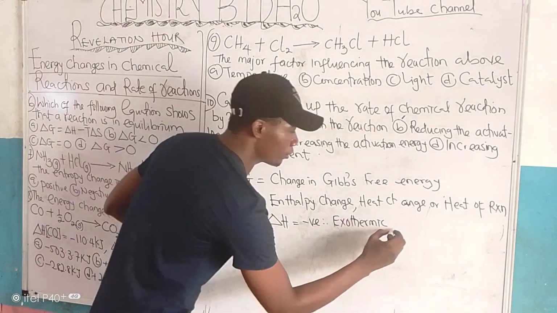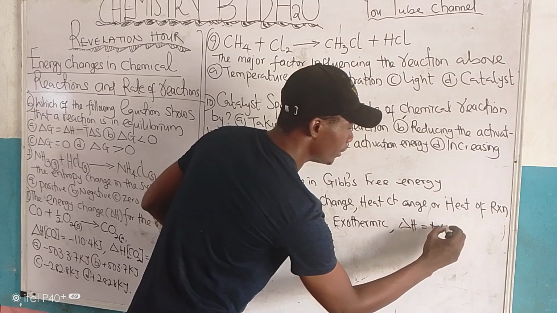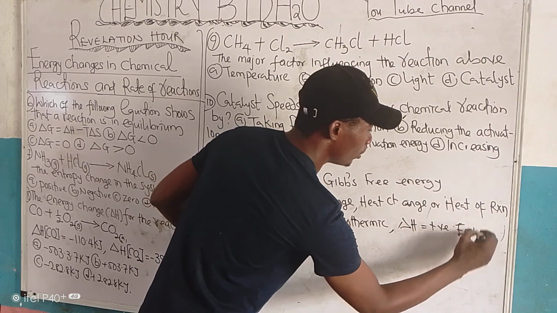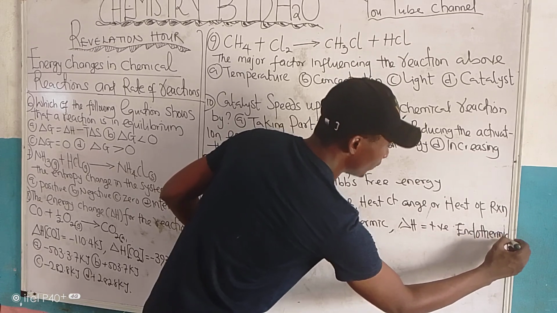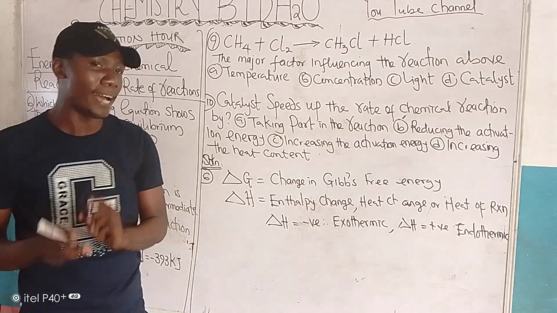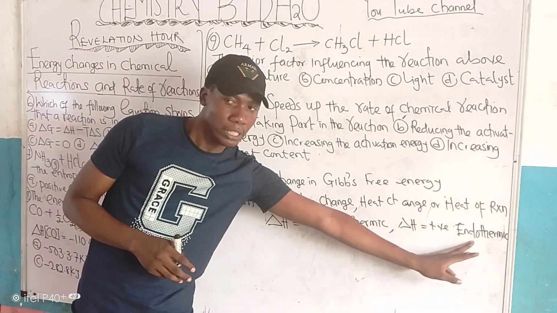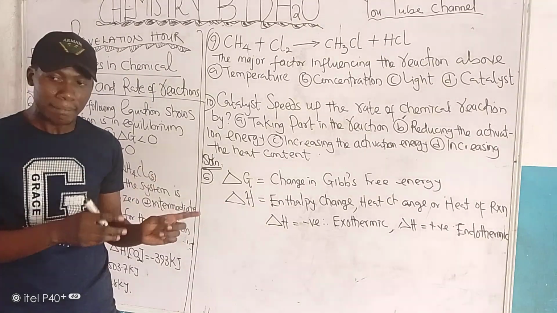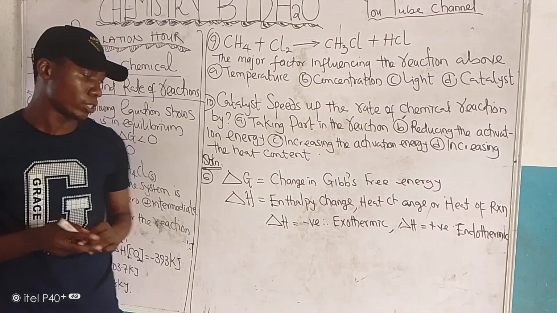Now, if your enthalpy change is positive, the reaction is said to be endothermic. I want you to take note of that. So your enthalpy change determines whether a reaction is exothermic or endothermic. But your Gibbs free energy determines whether a reaction will be spontaneous or non-spontaneous.